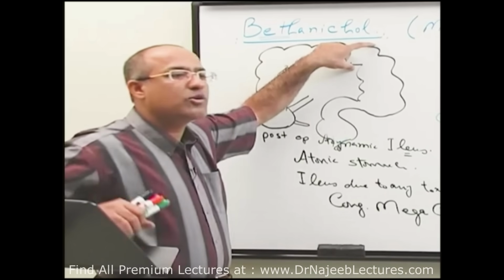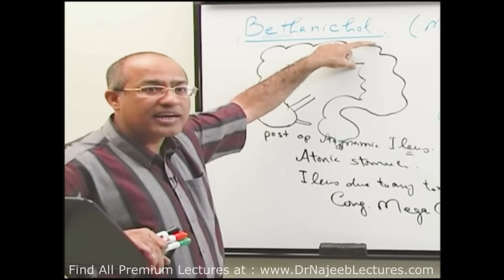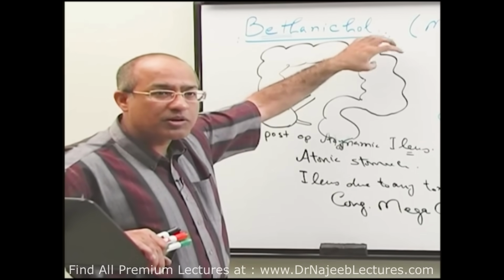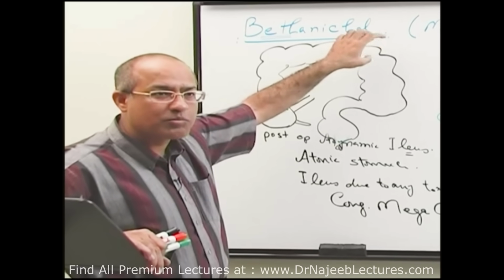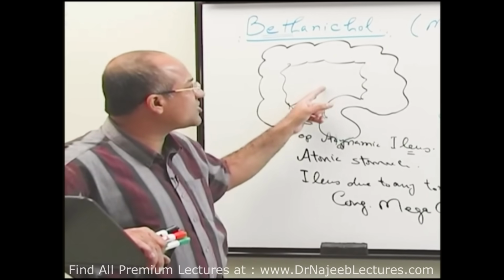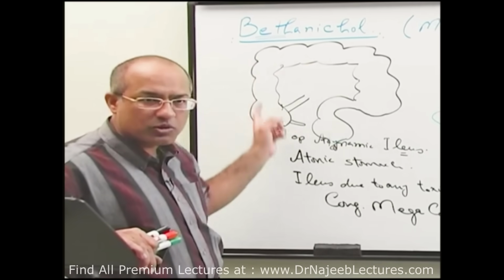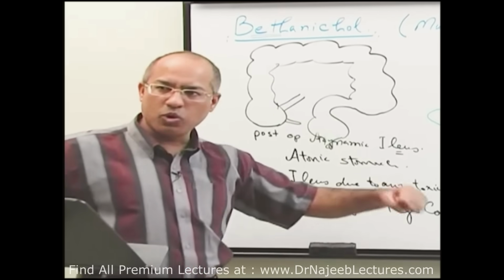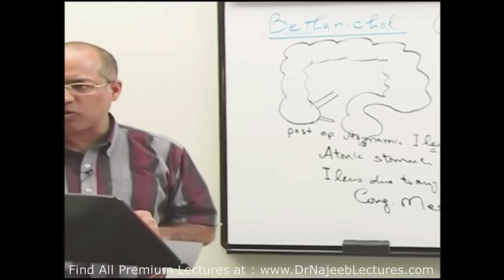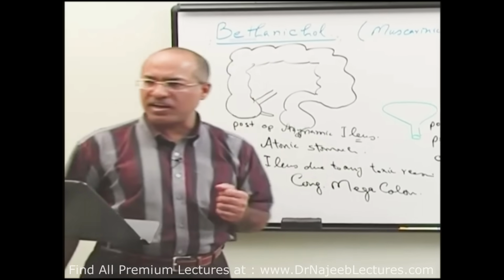This is not a physical obstruction. This is a problem that the colon is unable to create motility in a short segment. So whatever content of GIT is coming is retained proximal to that point, and we say that the colon is becoming very large, megacolon, and this problem may be present congenitally. We call it congenital megacolon.